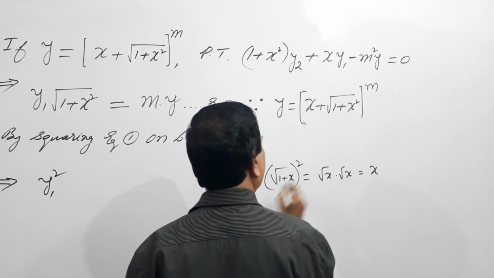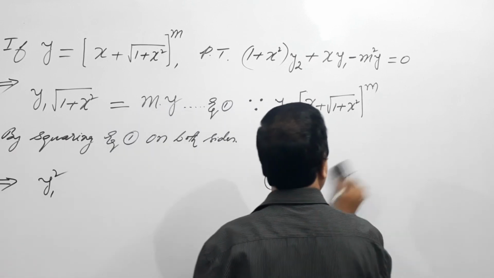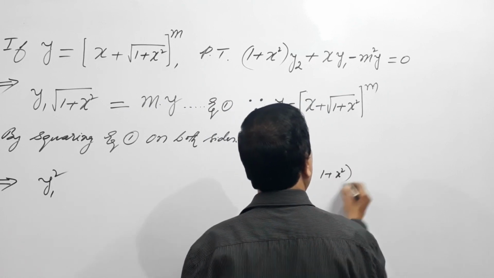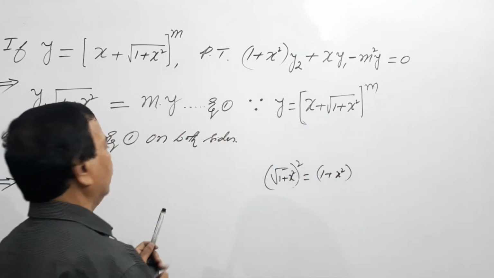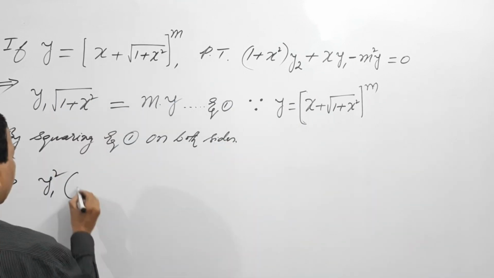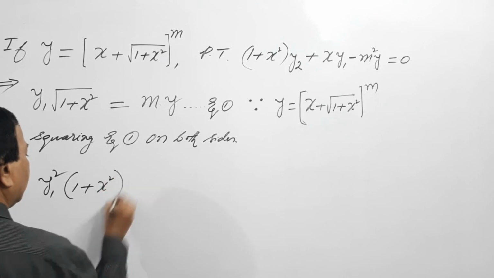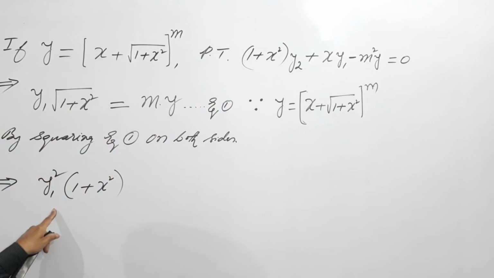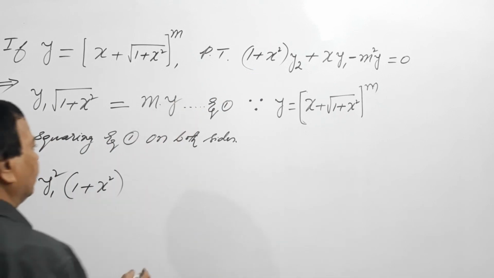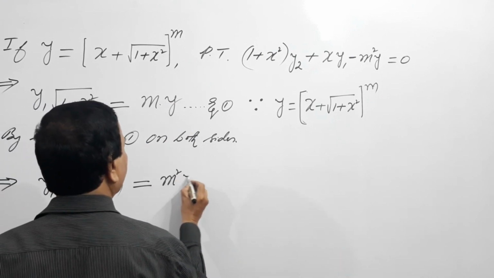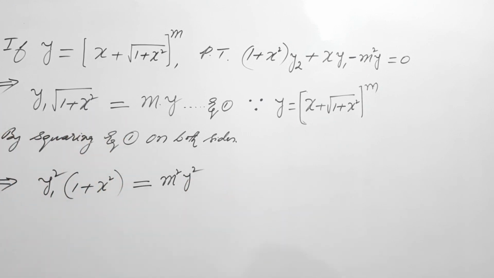Likewise, if you square, it becomes 1 plus x square. So this will go into 1 plus x square, and on the right hand side it equals m square y square.